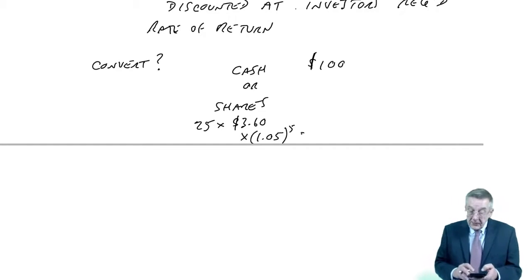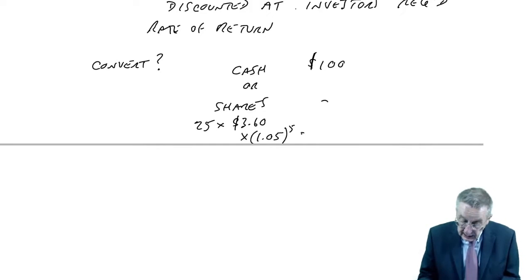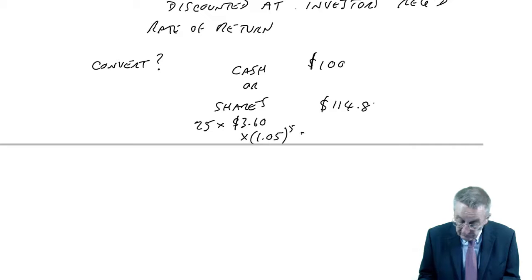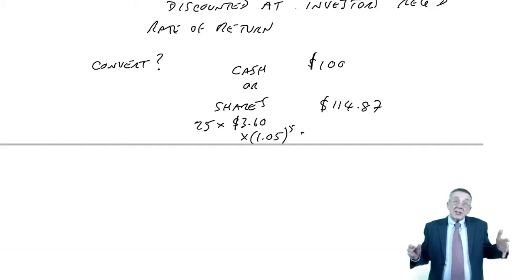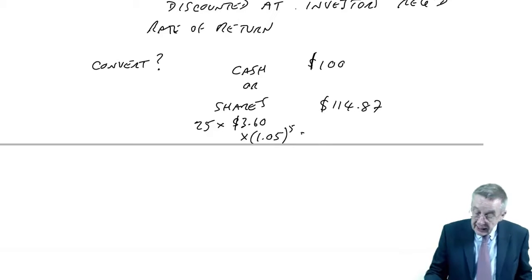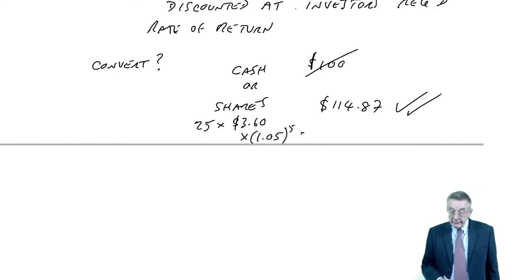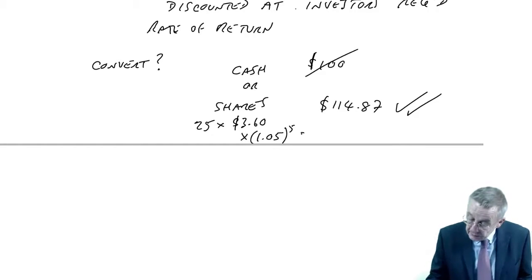And so what do they expect the shares will be worth? $114.87. And so what do they expect they're going to do? Clearly, because it's higher, they expect to convert.